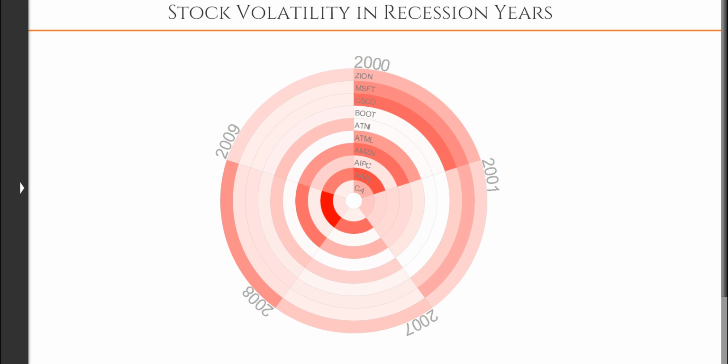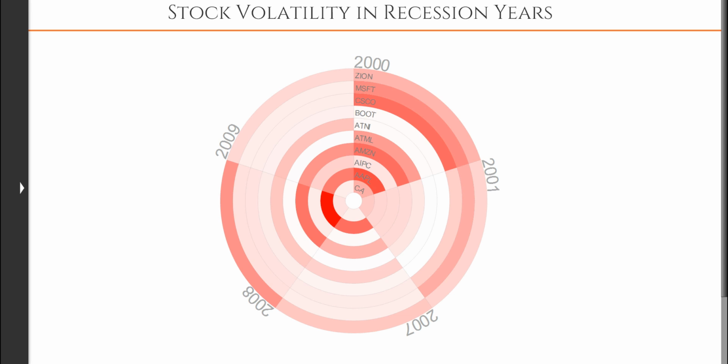The deeper the shade of red in every quadrant, the more volatile that stock was during that time period. For example, if we look at the 2000 quadrant, we can see that Apple, Amazon, and Cisco were relatively volatile in the 2000 recession.